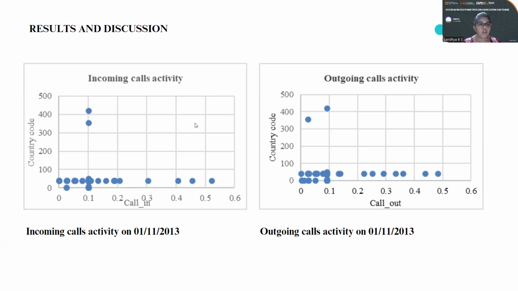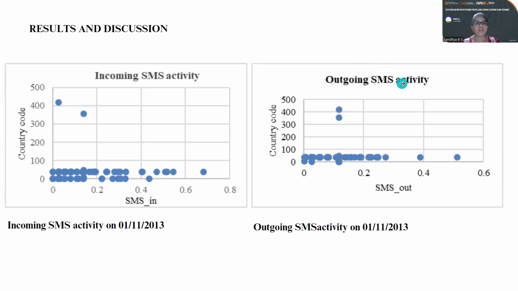So the first plot shows the scattering details of the mobile users when incoming calls are conducted. The second plot shows the outgoing calls. The next plot shows the scattering details of the mobile users in incoming SMS activity.